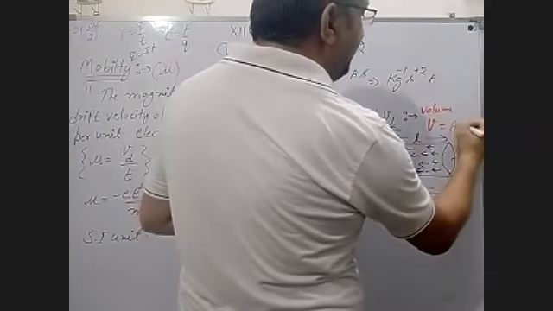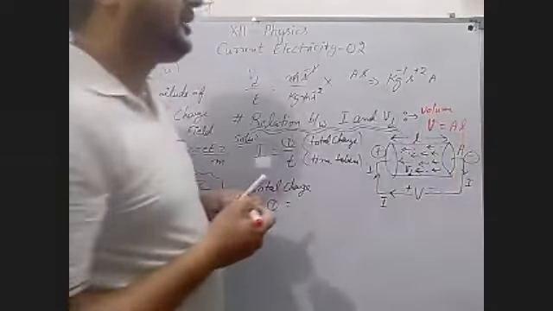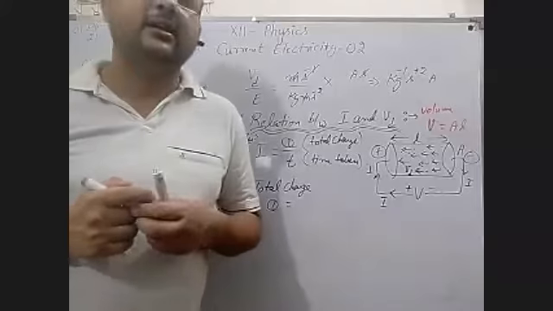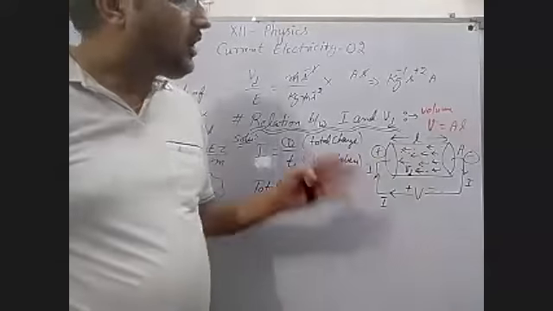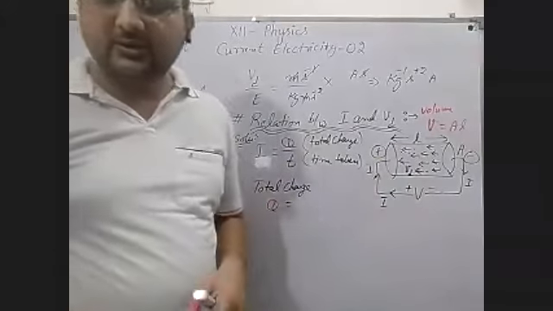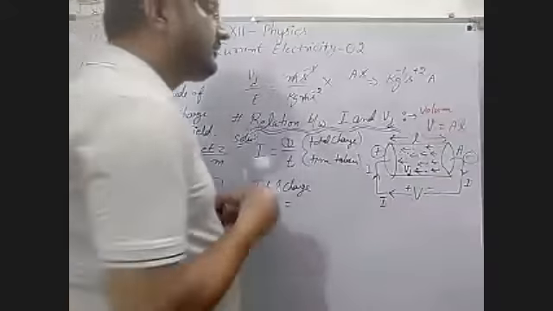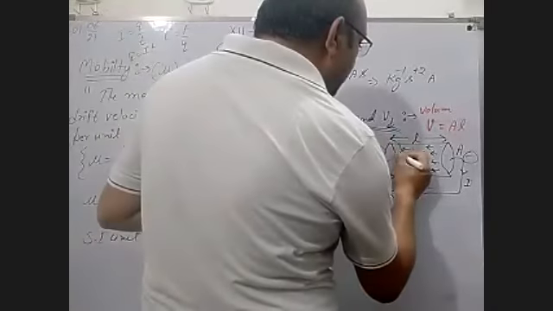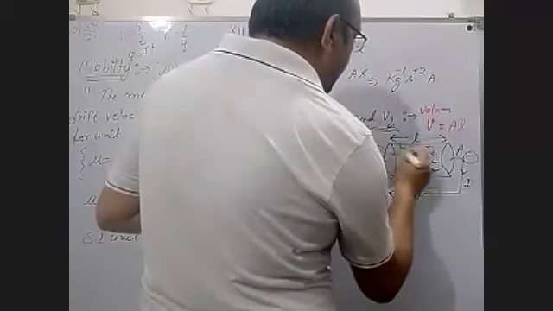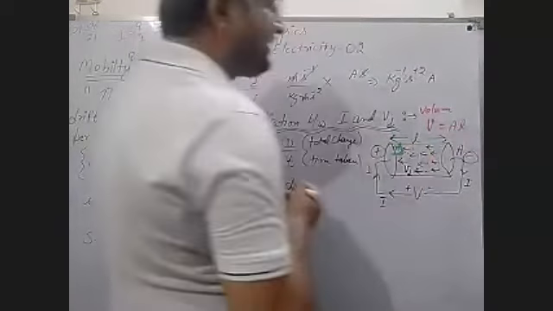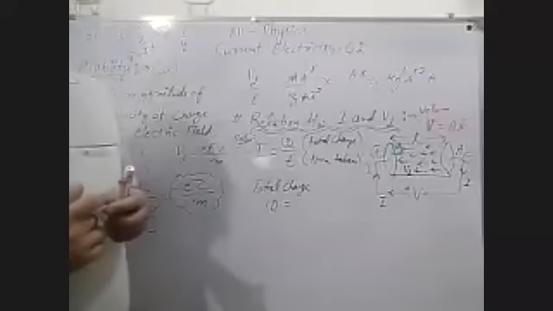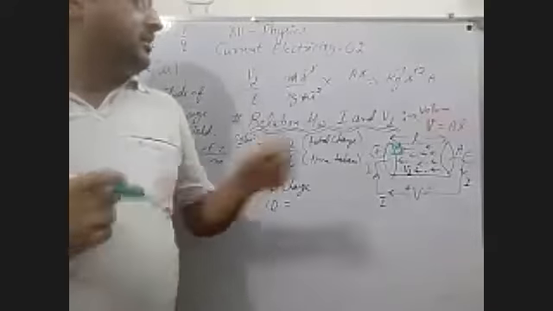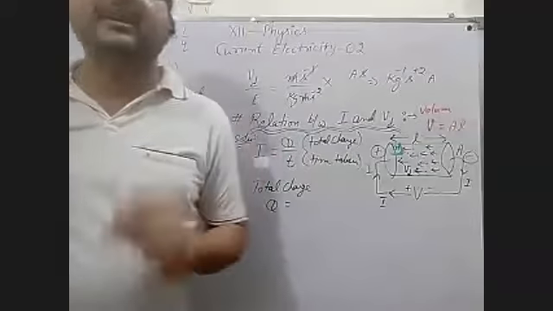Now this volume can be taken as the product of area and length of this conductor. Now how many electrons are there? Suppose n electrons are present per unit volume. Suppose n is the number density.